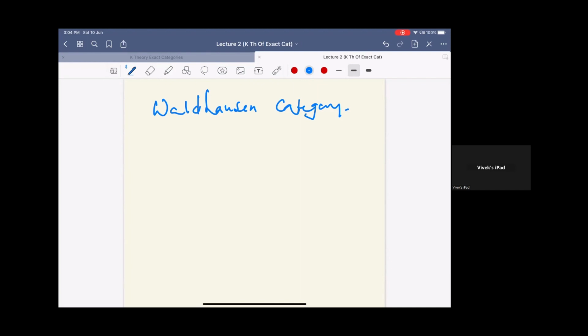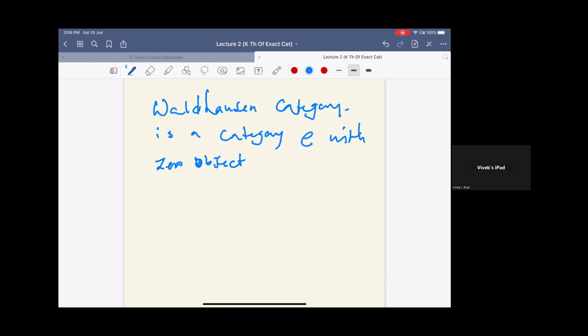It is a category C with a zero object, which is both initial and terminal. And last time we discussed that.